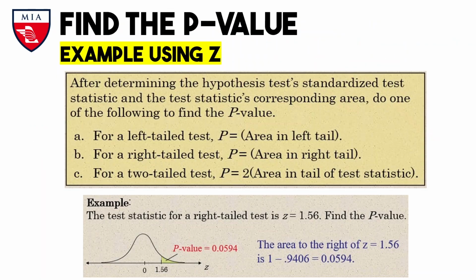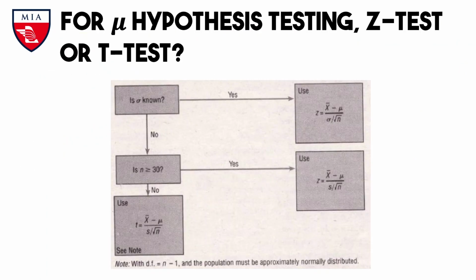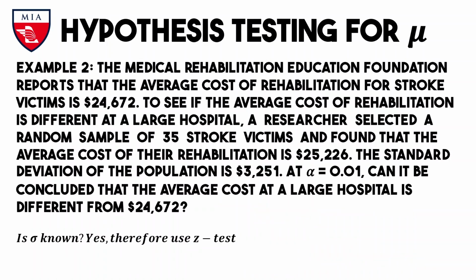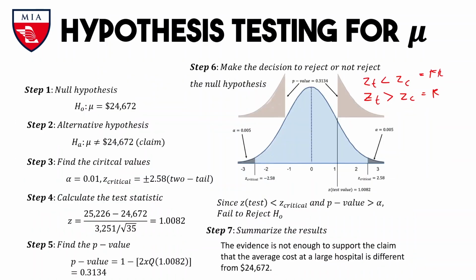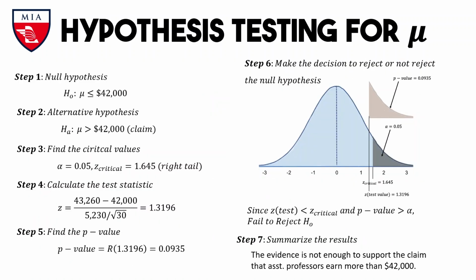So for example, let's use this example. Let's start with the single tail. The value of our z-critical here is 1.645.